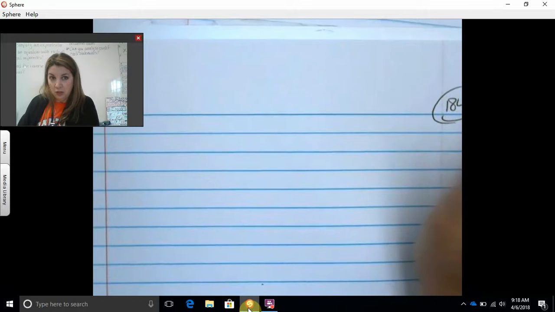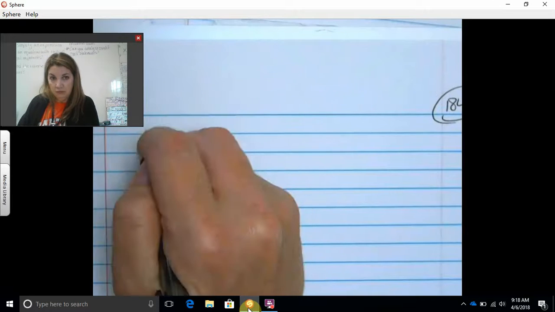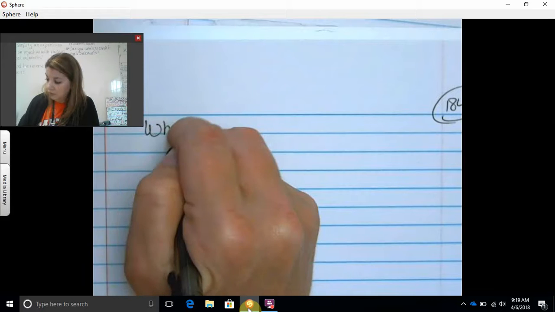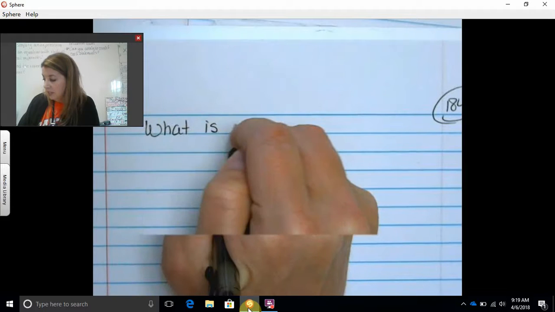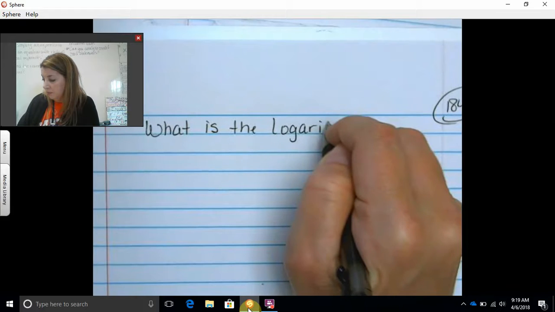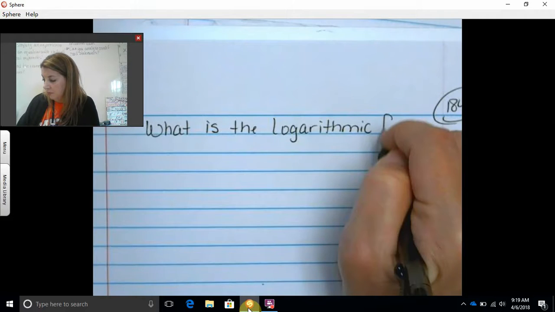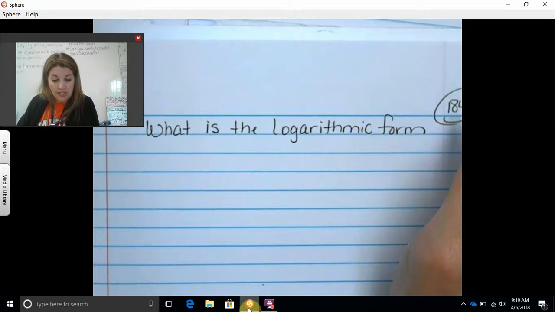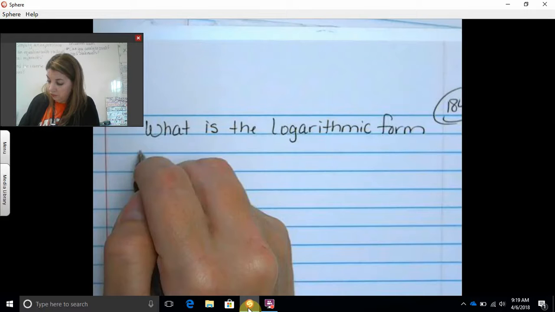What is the logarithmic form of each exponential equation?